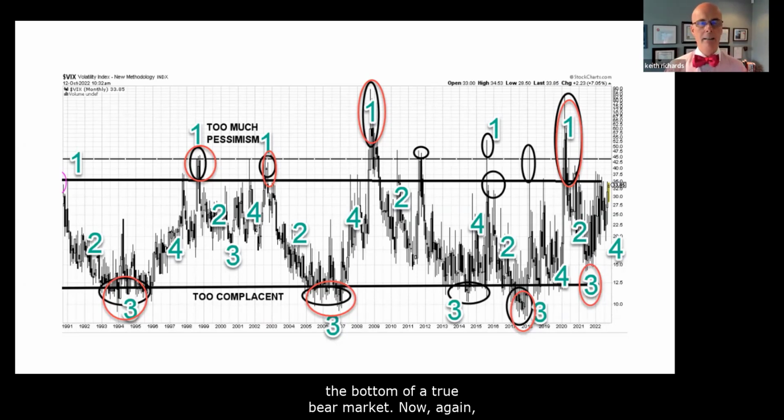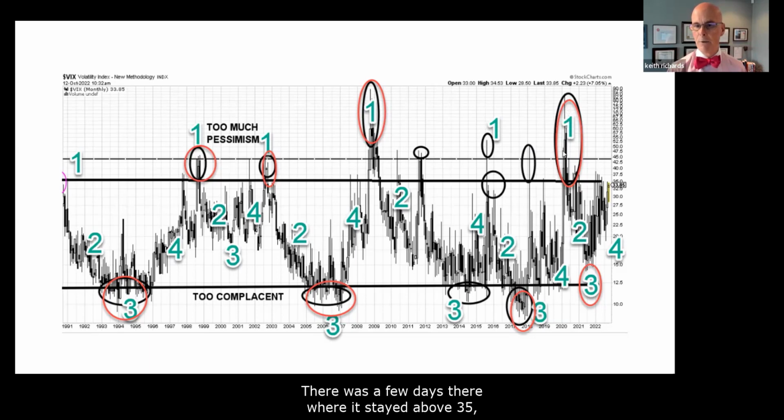Now, again, no two bear markets are alike, but history shows us, if we go right back to 1990, so we're looking at well over 30 years of data here, typically big bad bears like we're in now finish up with an ugly capitulation point. And that capitulation point can sometimes only last a day, like it did in 2016, and it did in even 2020.